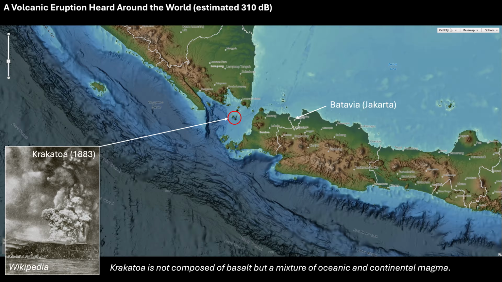So there's a bend in that plate boundary there between the Indian Ocean out here that's being subducted and the Sunda Plate there, the Sunda Shelf. And so that's Krakatoa there, 310 decibels when it went off. Some people say that decibels is not a fair way to record the eruption of that volcano, because decibels measure something slightly different, but it was the equivalent of 310 decibels.